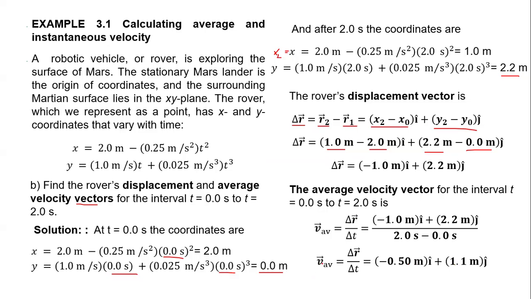So this is also in vector form. If you have a vector in this form, we already discussed that you will be able to get the magnitude and direction, if you followed our discussion in the previous chapters.